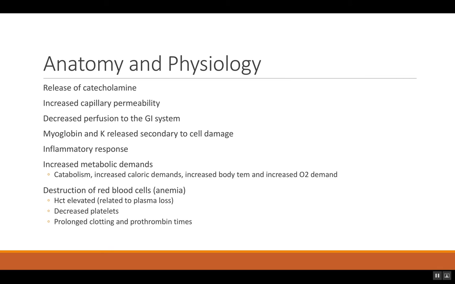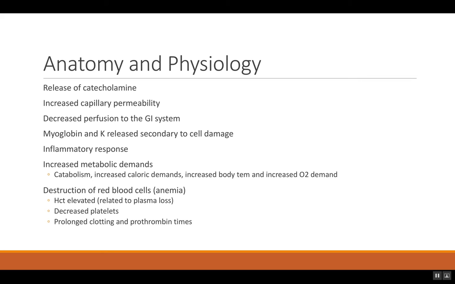So a patient with a burn is often going to have GI issues such as paralytic ileus, abdominal distension, and Curling's ulcer, which is a stress ulcer. They like to ask about Curling's ulcer on NCLEX. Your priority intervention is making sure they're on a proton pump inhibitor.